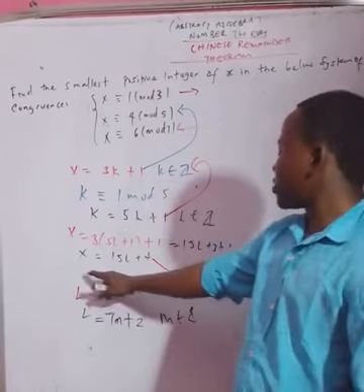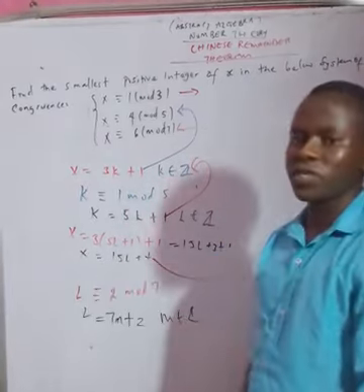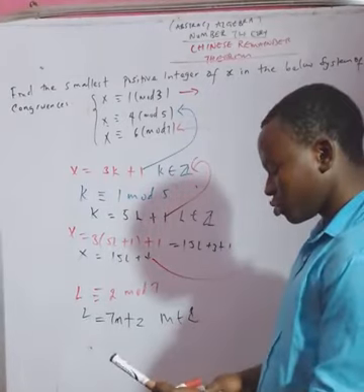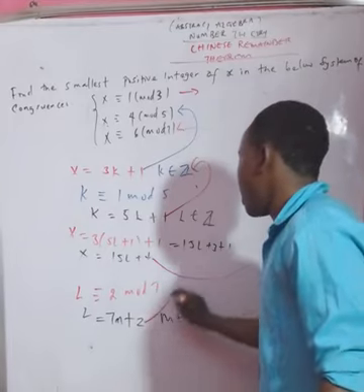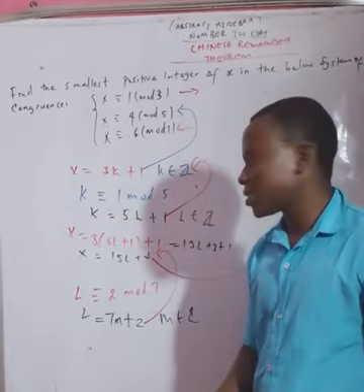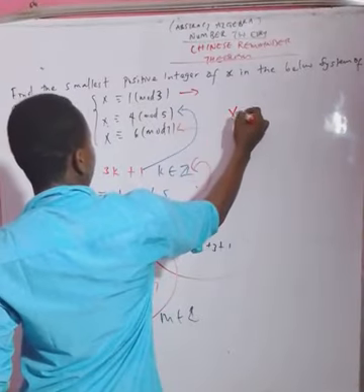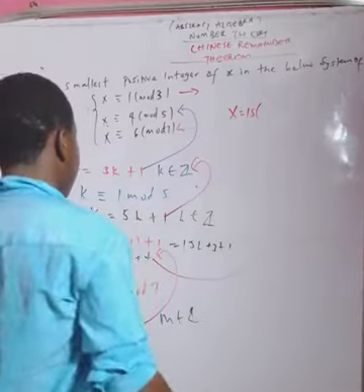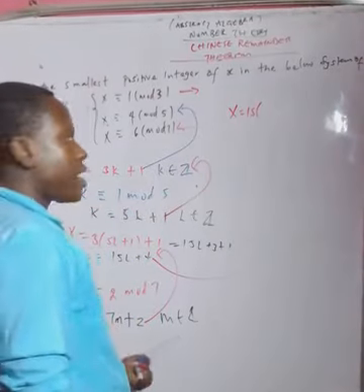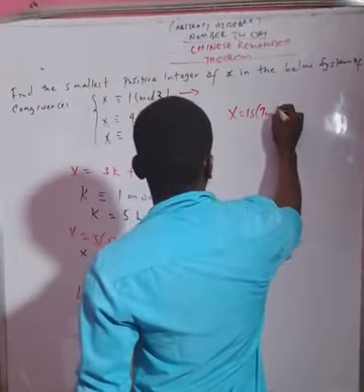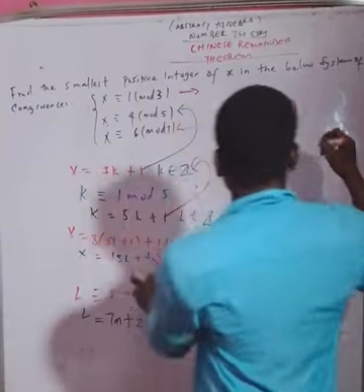So what are we going to do next? Okay, now from this part we have x equal to 15L plus 4. So we substitute back the value of L into this part right here. So now we're going to have x equals 15 into brackets, where L is now 7m plus 2, then plus 4.